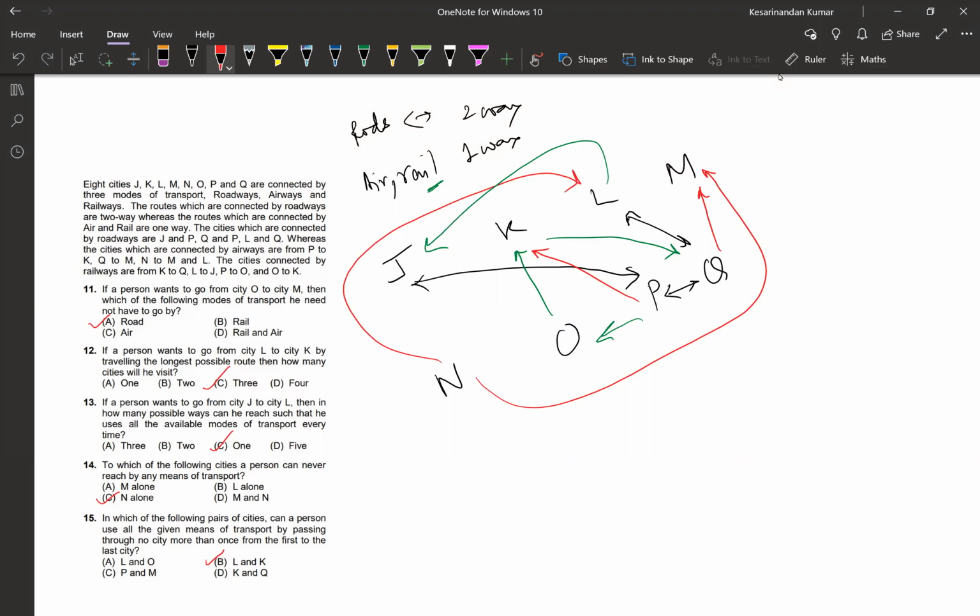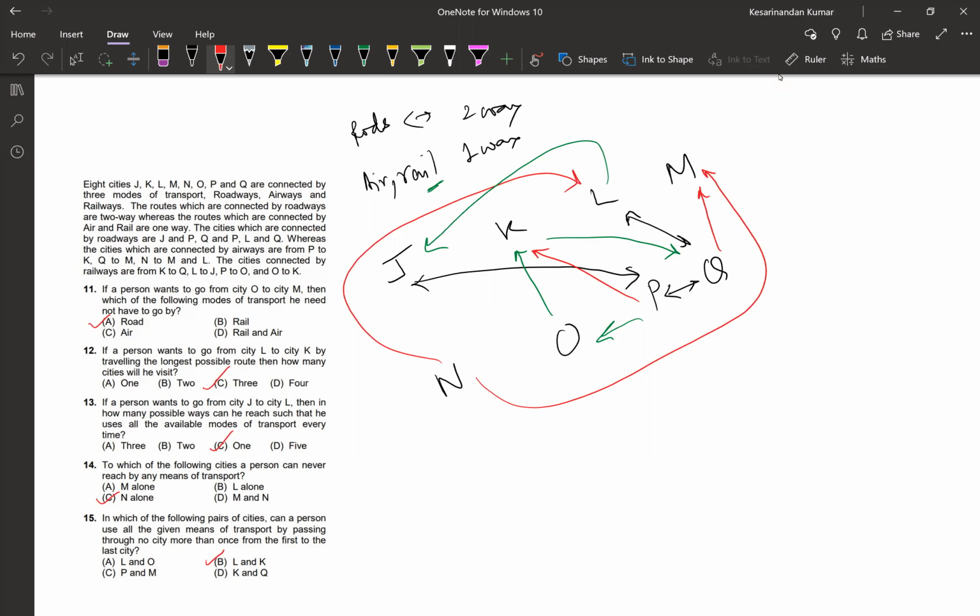Shortest route from L to K: QPK, JPK. Okay, JPK, fine. And what would be the longest one? LQPOK. Perfect.